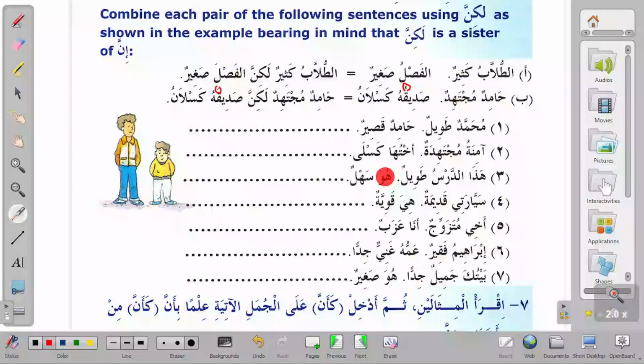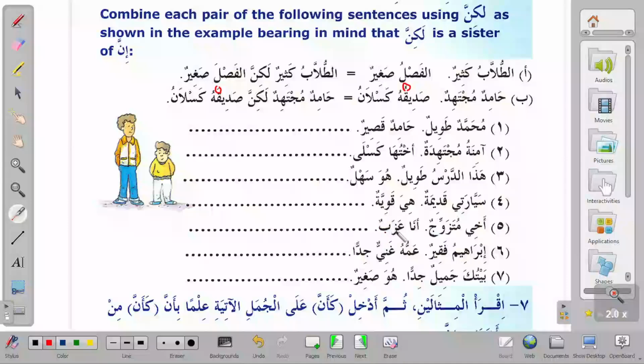So لكنه سهل. Okay. سيارتي قديمة, my car is old, لكنها قوية, but it is strong. أخي متزوج, my brother is married, لكني عزب, but I am single. I hope that is clear.